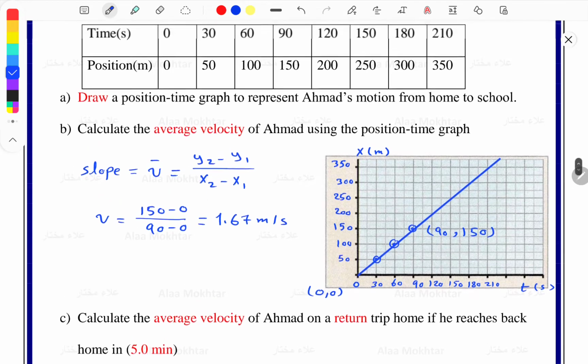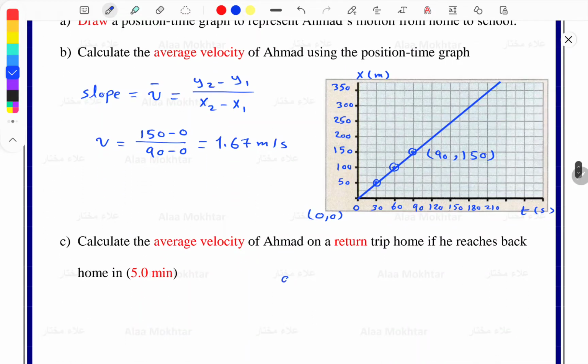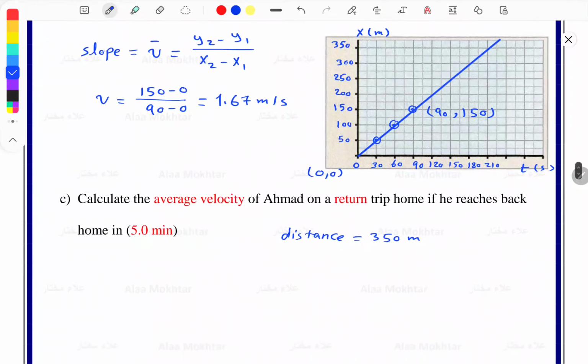Calculate the average velocity of Ahmed on the return trip home if he reached back home in 5 minutes. The total distance taken from 0 to 350 is 350 meters. When he returns back, this displacement will be negative because the other direction was positive. So the displacement when he returns back, delta x, will be negative 350.